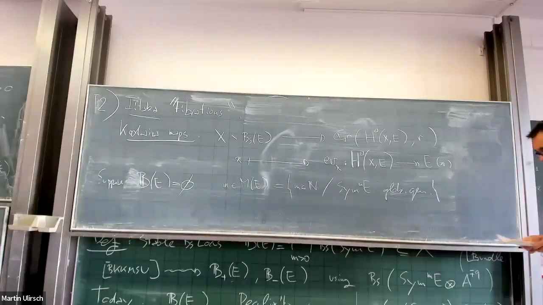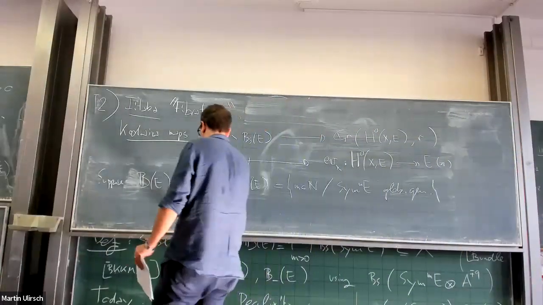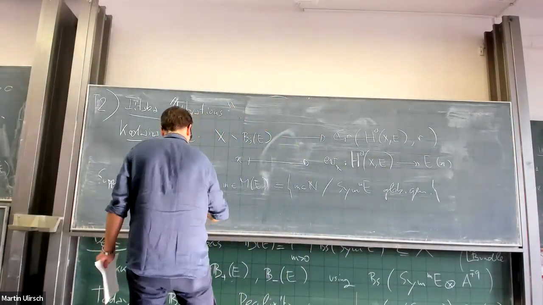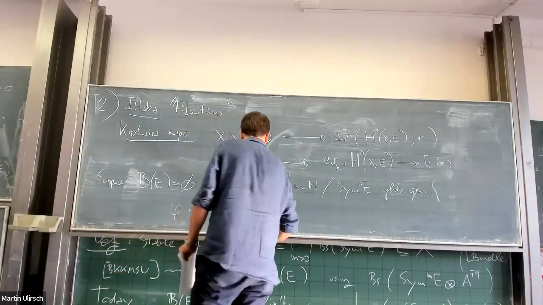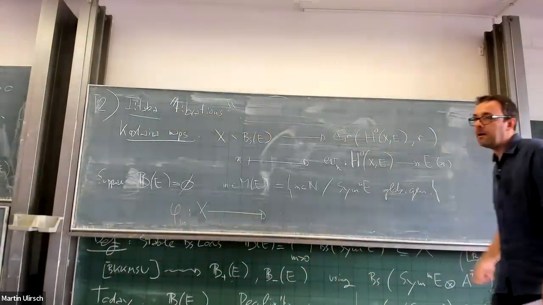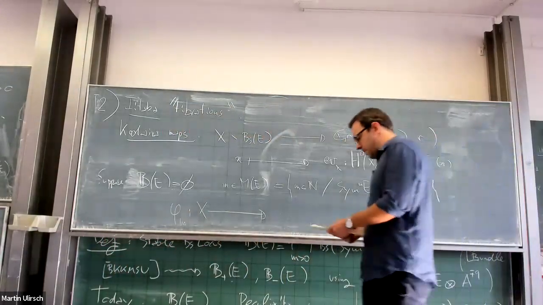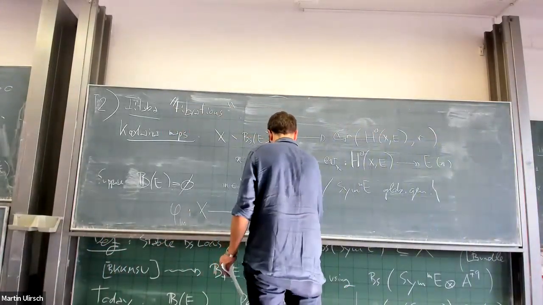Consider this set. For each m in here, we can define a Kodaira map that is a regular map, because now we don't have base loci, right? It will be a regular map from X to some Grassmannian.